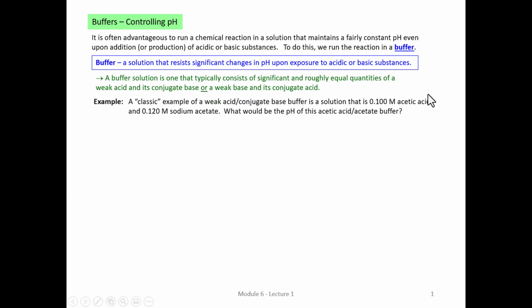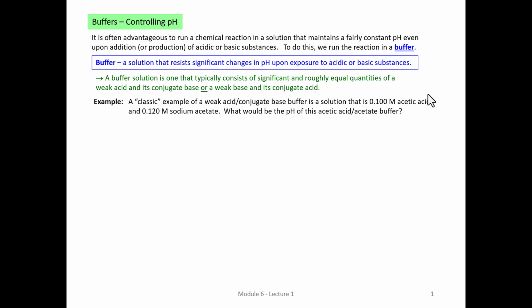An example of what I would call a classic buffer would be the weak acid conjugate base buffer that has both acetic acid and its conjugate base, acetate, present.